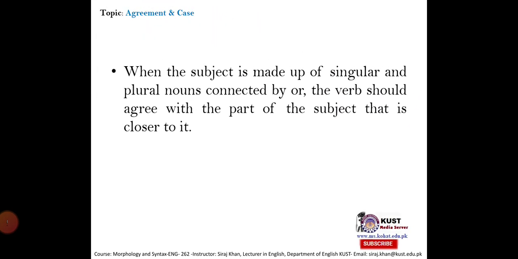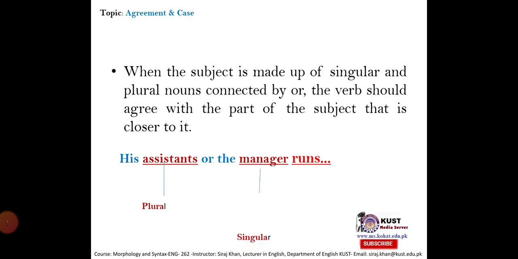When the subject is made up of singular and plural nouns connected by "or", the verb should agree with the part of the subject that is closer to it. Now here: his assistants or the manager runs. In the previous example, we had the manager or his assistants run. So here assistants is plural, the manager is singular, so we have taken a singular verb here.